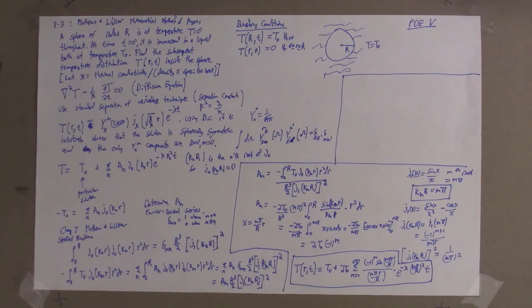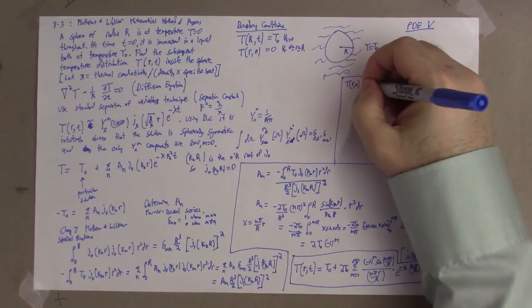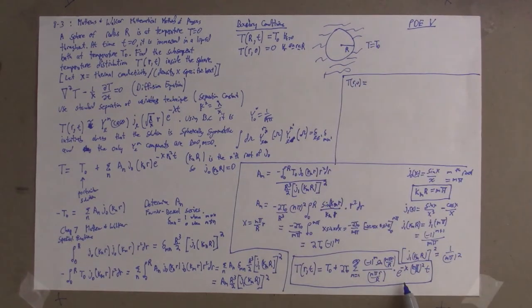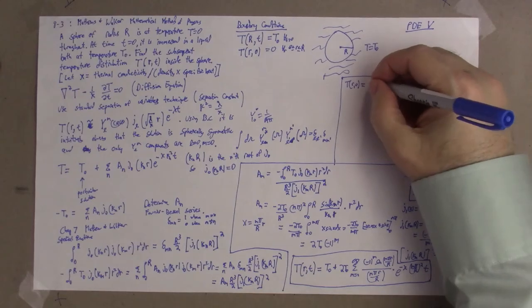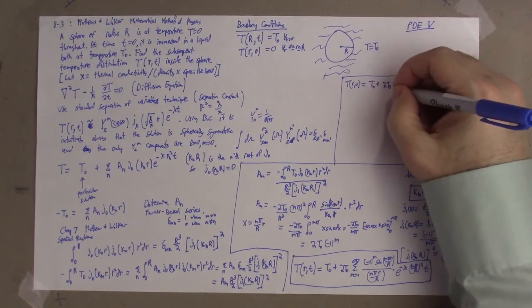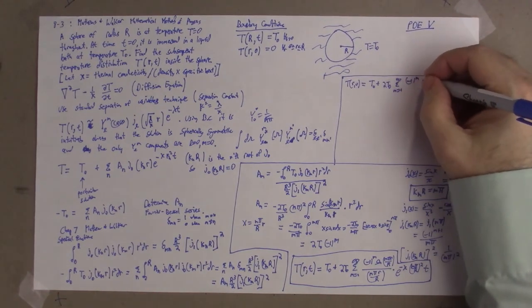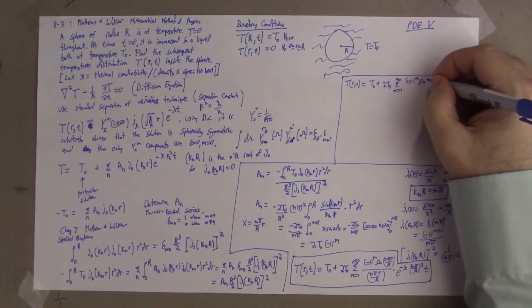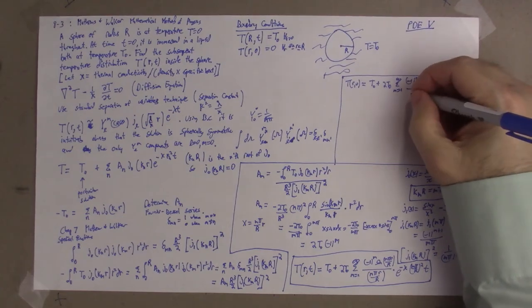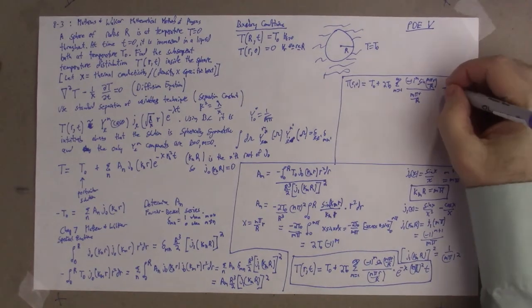So the first boundary condition we have to verify, T of r comma 0. We substitute it in there. This term goes away, and we're just left with t0 plus 2t0, the sum from m equal 1 to infinity, negative 1 to the m, sine m pi r over R divided by m pi r over R. Now, we need this to be equal to 0.